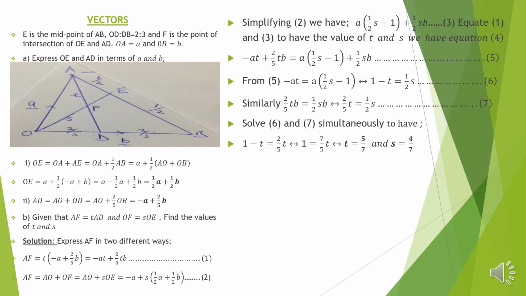And at the same time, if we substitute the value of T in equation 7, we have S equals 4 over 7.